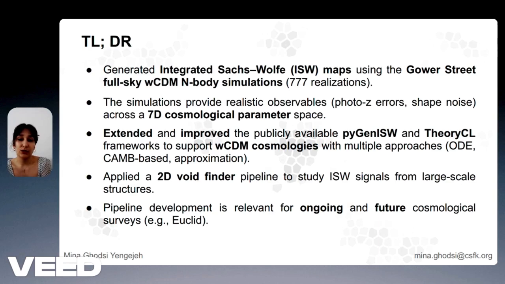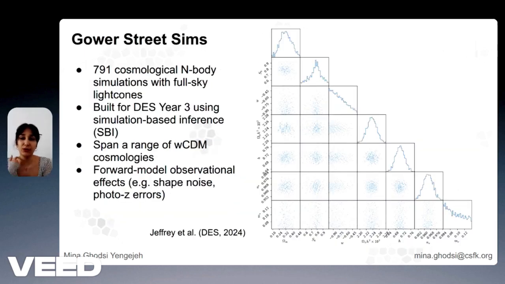And at the end, I would also like to talk about our ongoing project where we are using a 2D void finder and how we can use the Gower Street simulation based on wCDM cosmology to find an answer to the cold spot on our CMB. But first, I will start with the Gower Street simulation.